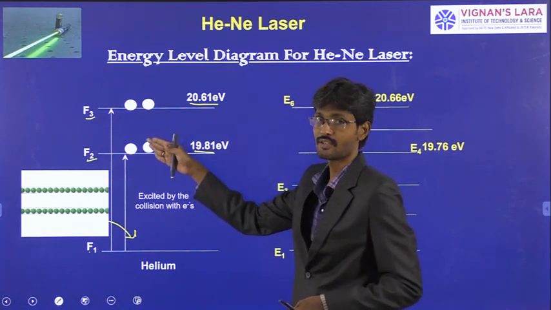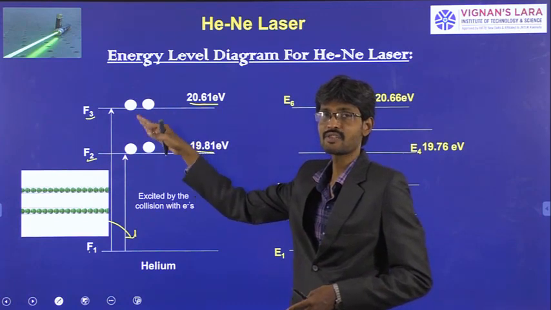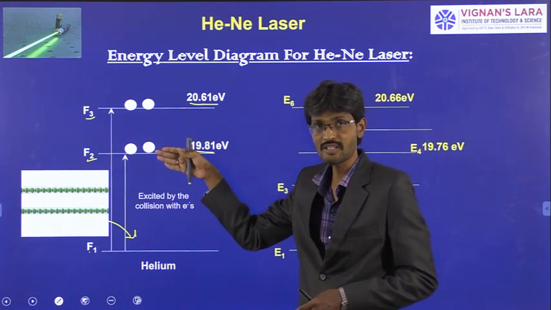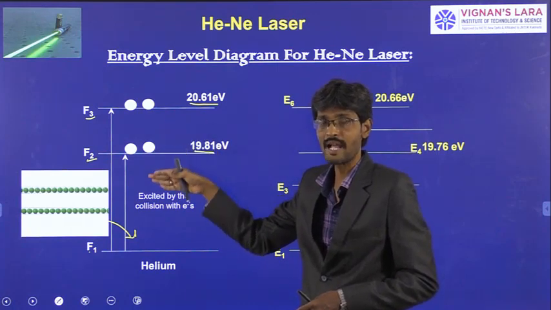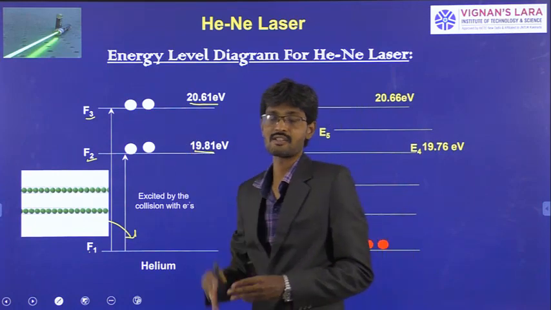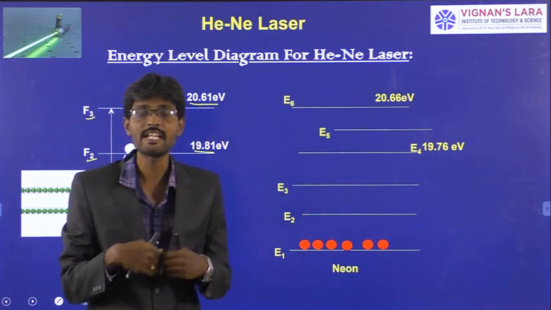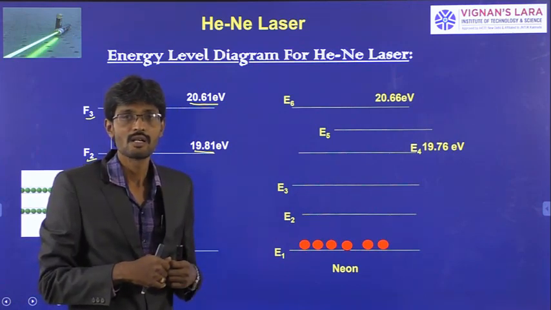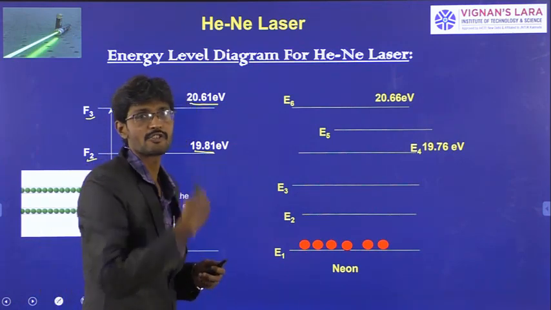And now the helium ions which are excited to energy states F2 and F3 do not simply come back to the ground state F1 automatically. When they go to the excited state, the helium ions gain kinetic energy and move in the discharge tube.